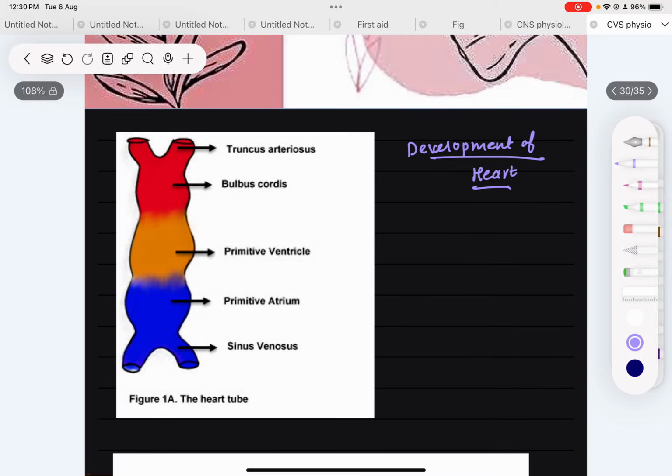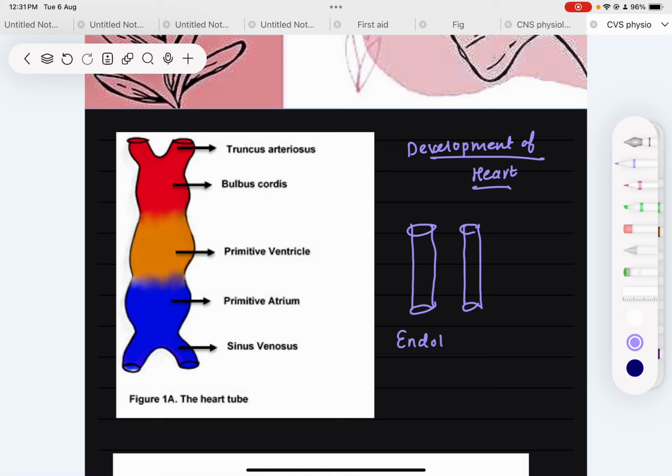So first there will be two endothelial heart tubes, and these will fuse. So let's see by drawing a diagram. Initially there will be two endothelial heart tubes, and they will fuse like this.